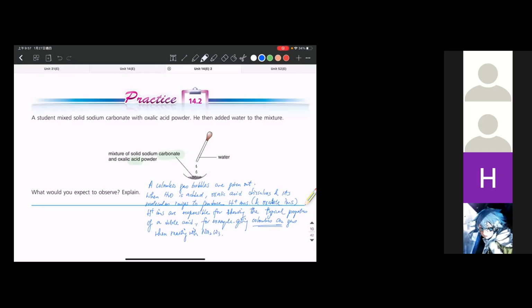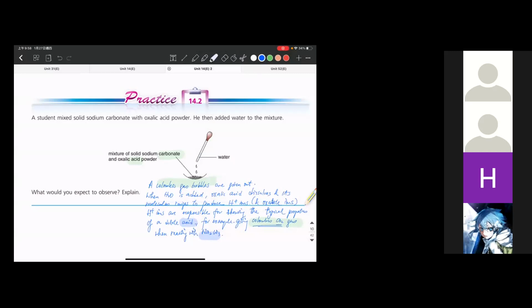So that's why it matches. Why will you say that colorless CO2 gas relates to the observation? It is that there is a reaction between the acid and the sodium carbonate.